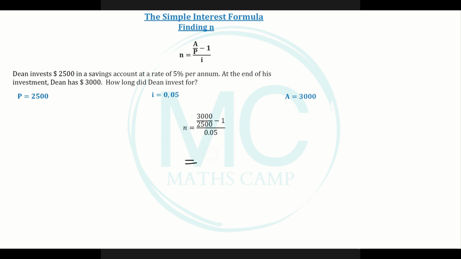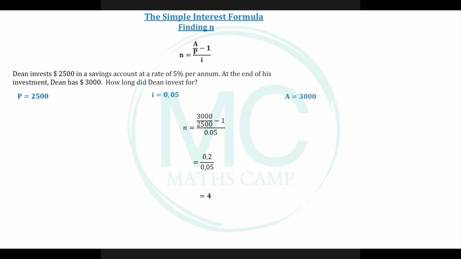Let's subtract 1 and we get 0,2 over 0,05. Finally, let's divide 0,2 by 0,05 and again get an answer of 4 years.